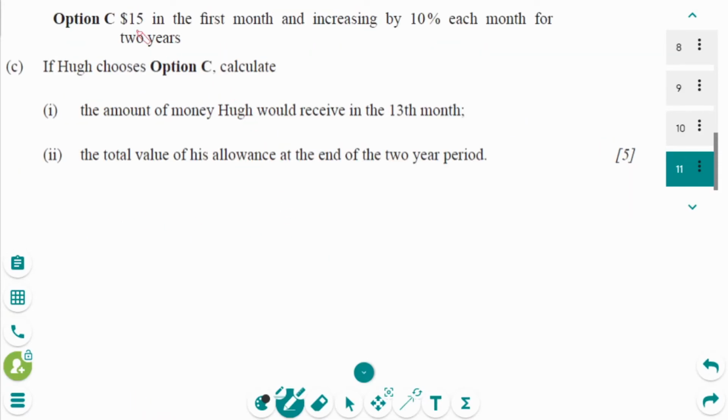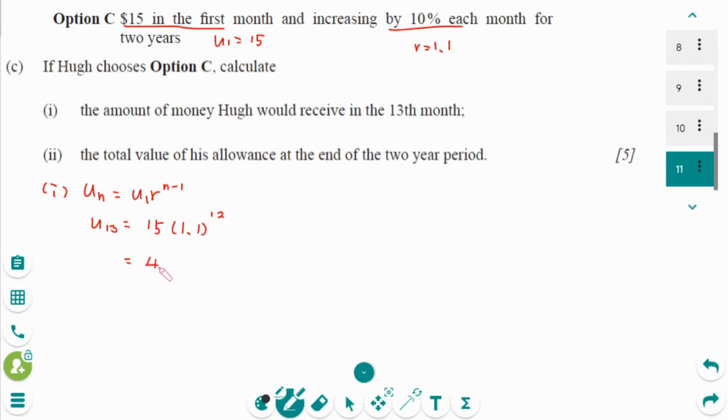Number C, u1 equals 15. The common ratio r equals 1.1. Then number 1, un equals u1 times r to the power of n minus 1. So u13 equals 15 times 1.1 to the power of 12.